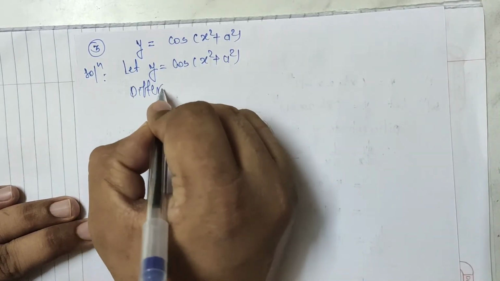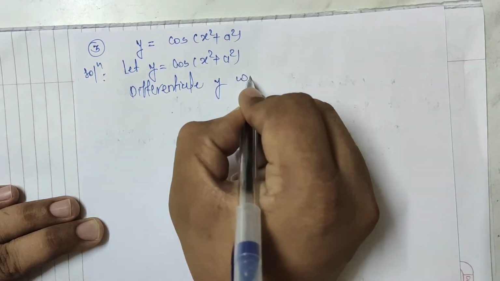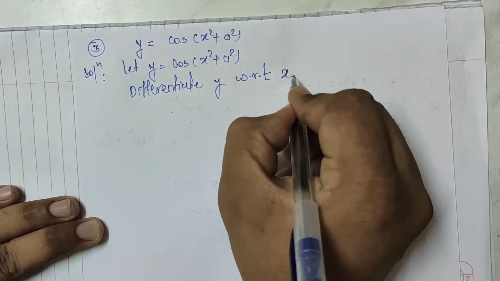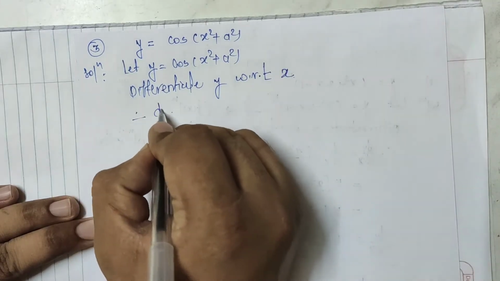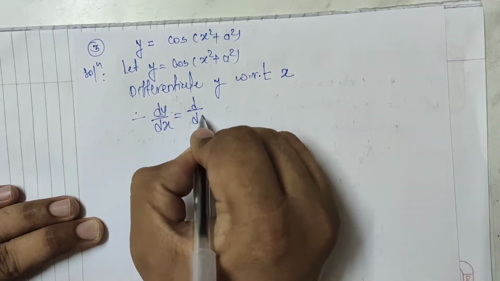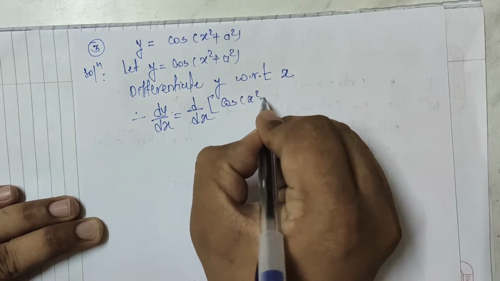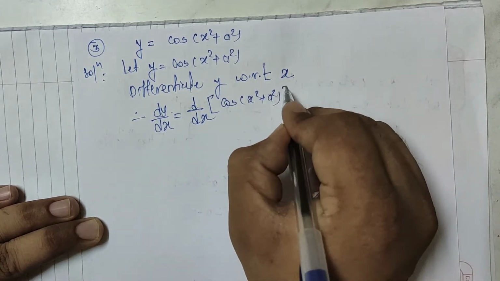Differentiate y with respect to x. Therefore dy upon dx is equal to derivative of cos of x square plus a square.